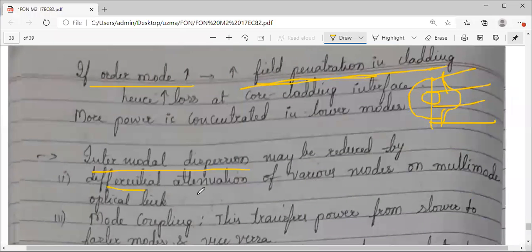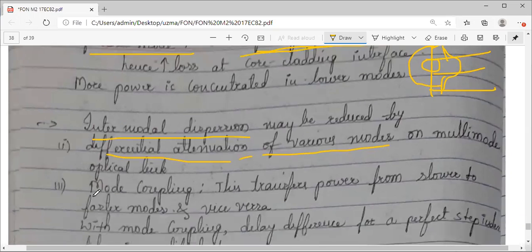One is making use of differential attenuation at various modes. It means each mode that travels inside the core will individually undergo a different attenuation. If we do that, probably we can reduce this dispersion. And the second method is mode coupling. Mode coupling is what? The coupling of the different modes.